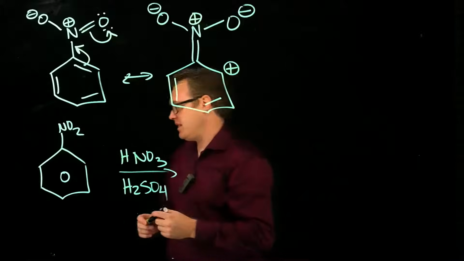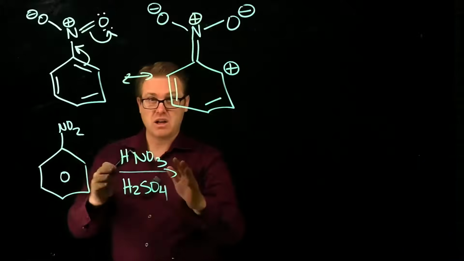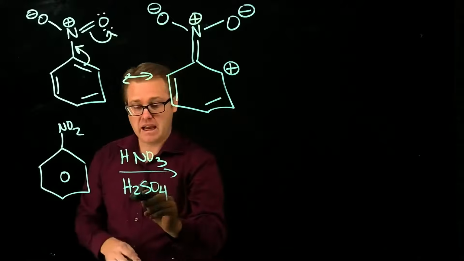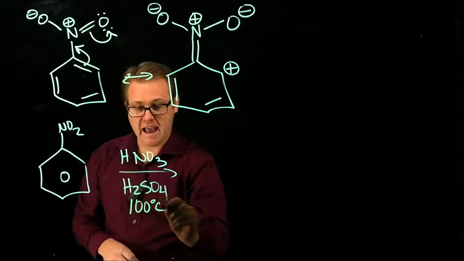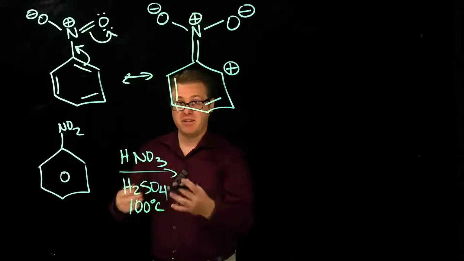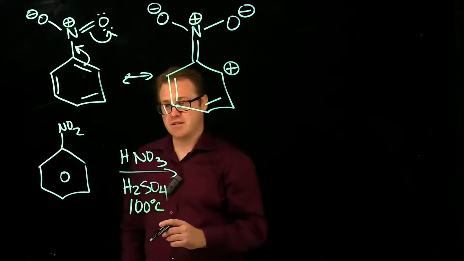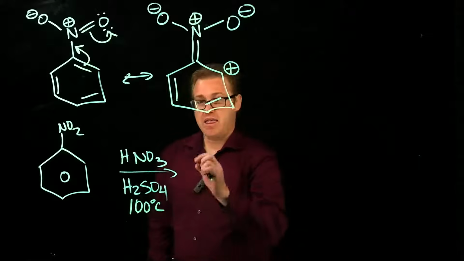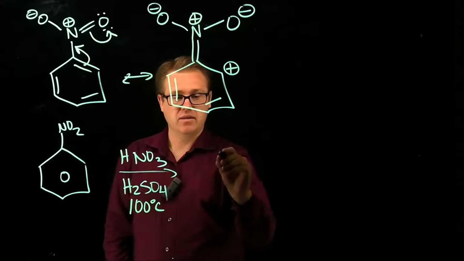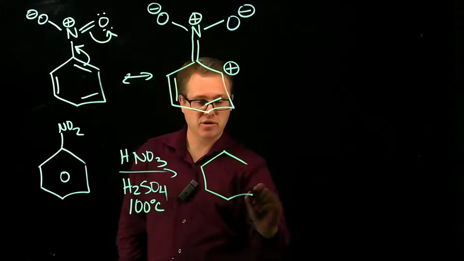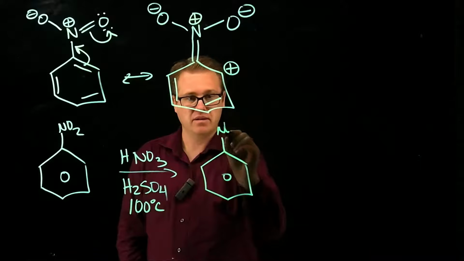Isn't that crazy? But because it goes 100,000 times slower, we need to soup it up a little bit by adding some heat. Got to give it a little extra oomph to get over the activation energy here. And when we add the heat, we are going to get a second nitration event.